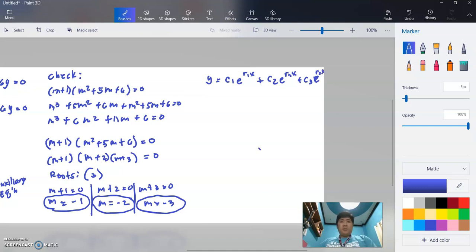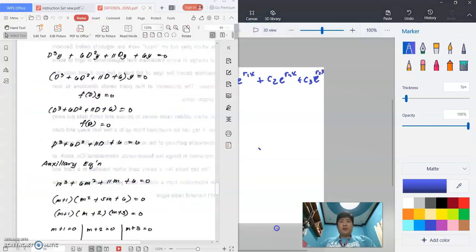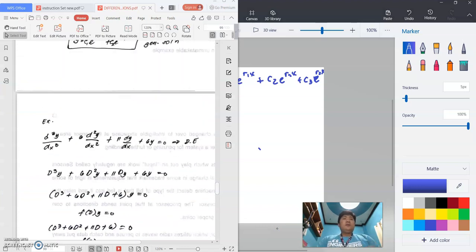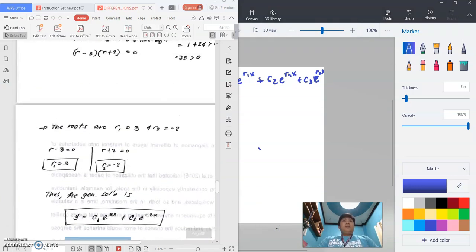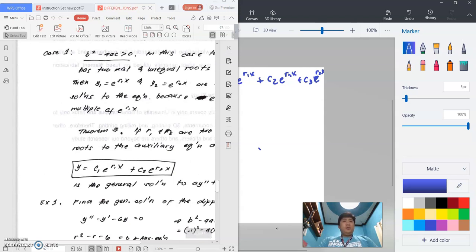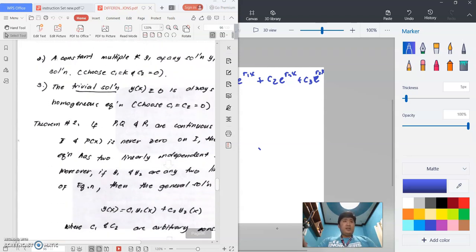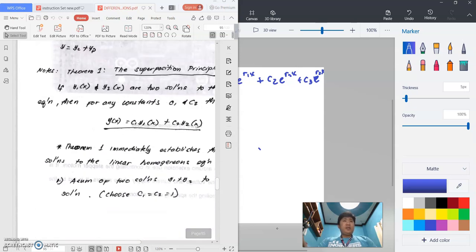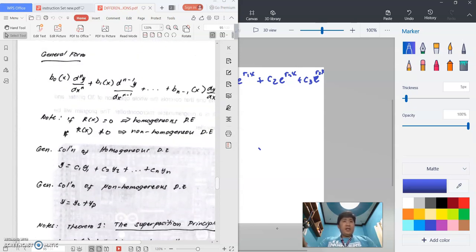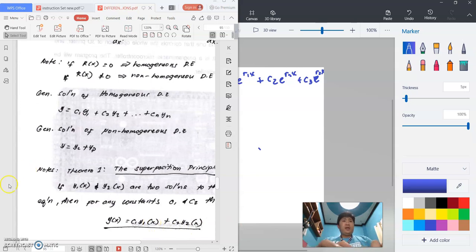If you could still remember the first part of our discussion, diba? Sa homogeneous differential equation, you have a general solution that will be continuous depending sa nth root, diba?